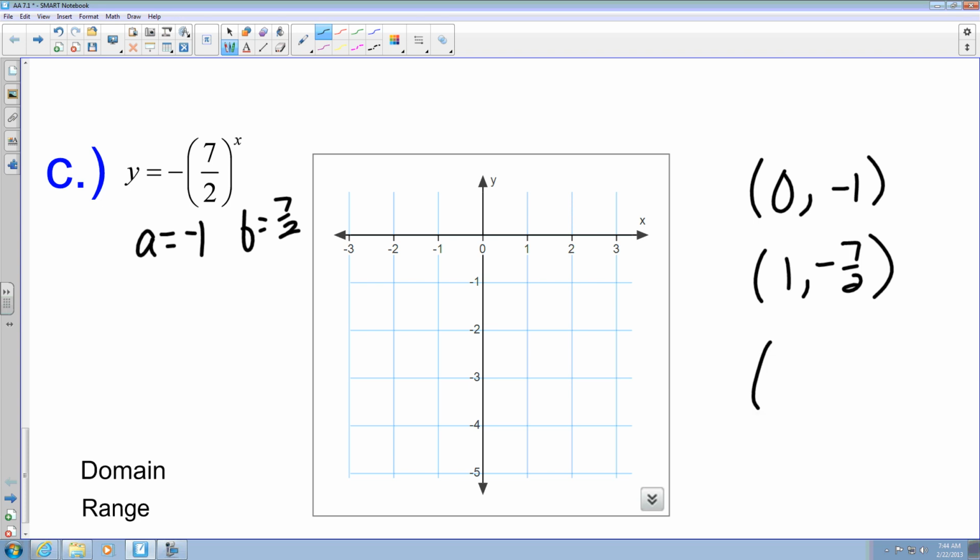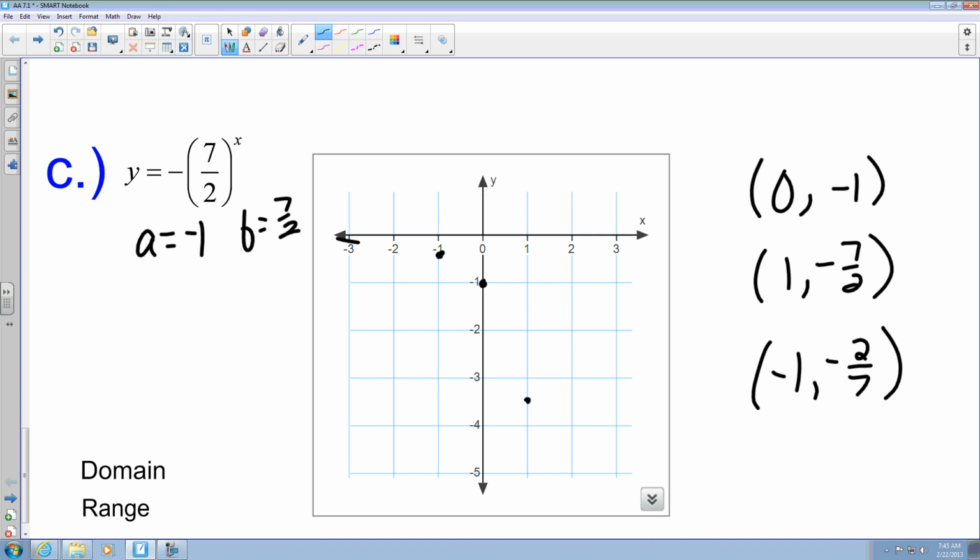And the last one would be -1 comma A times 1 over B, so it would be -2/7. So I'll plot these points. I got 0, -1. I got 1 comma -7/2, so that's like 3.5, right about there. And -1 comma, something like this.